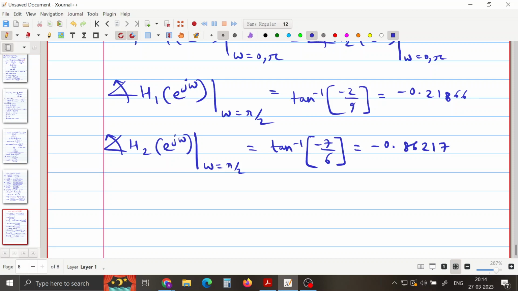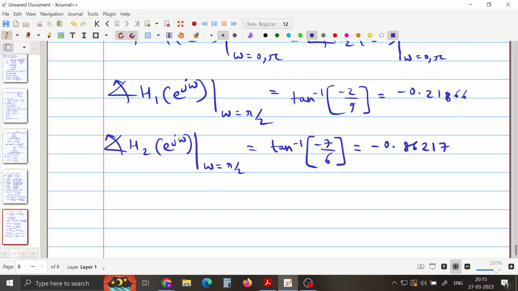Correct? So here you see the phase of the second system falls more rapidly, decreases more rapidly, because it went from 0 to minus 0.86, whereas h1 went from 0 to minus 0.2186.